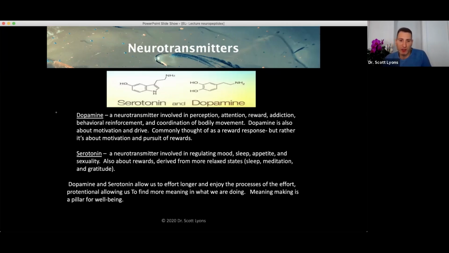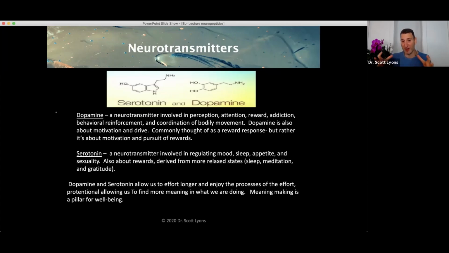So dopamine and serotonin, again, allow us to effort longer and enjoy the process of that effort. That's really important. That's what allows us to reach goals, is the boost to keep doing it and the enjoyment of it. And it gives us the space to allow us to actually find more meaning in what we're doing.